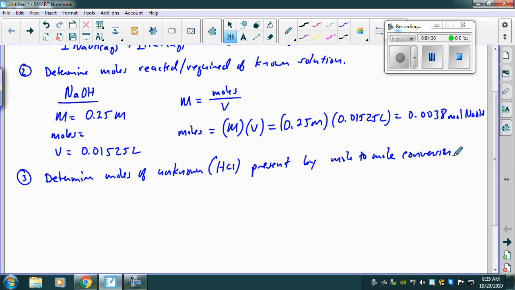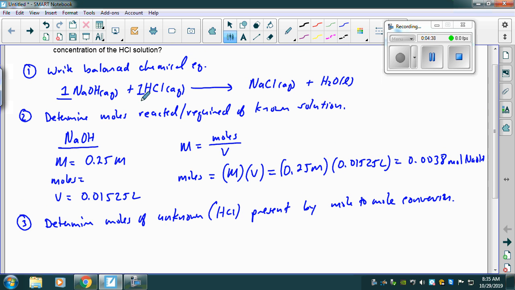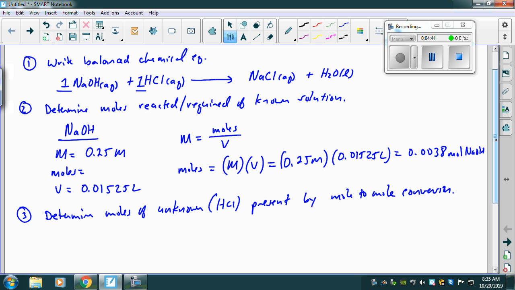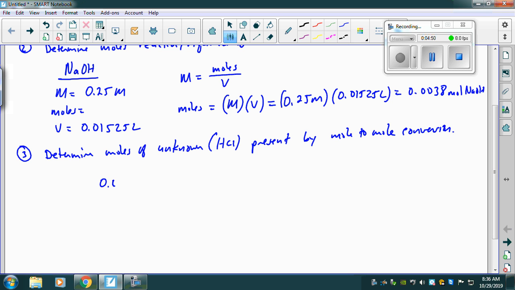Anytime I go from moles of one thing to moles of another, I've got to go through my balanced chemical equation. My molar ratio, which we set up there, is 1-to-1. I'm going to write it out anyway, because if it's not 1-to-1 and you don't write it out, you will get the problem wrong. So I'm going to take that 0.0038 moles of NaOH, and I'm going to say 1 mole of NaOH is equivalent, in this case, to 1 mole HCl.